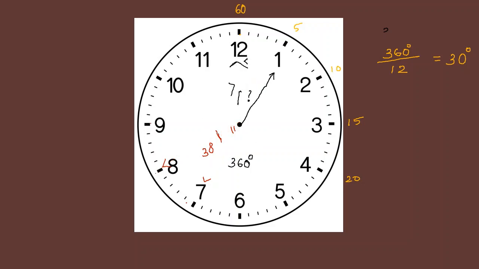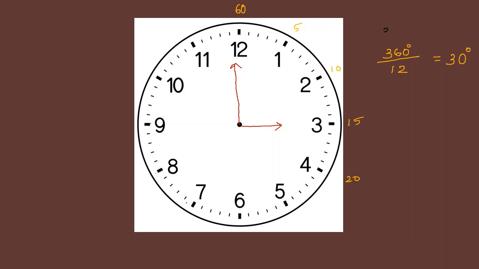Now, if I take an angle, you can find it out very easily. Suppose I am taking 3 and 12. Let us find out the angle formed. It is at 3 and then 12. What is the angle in between?